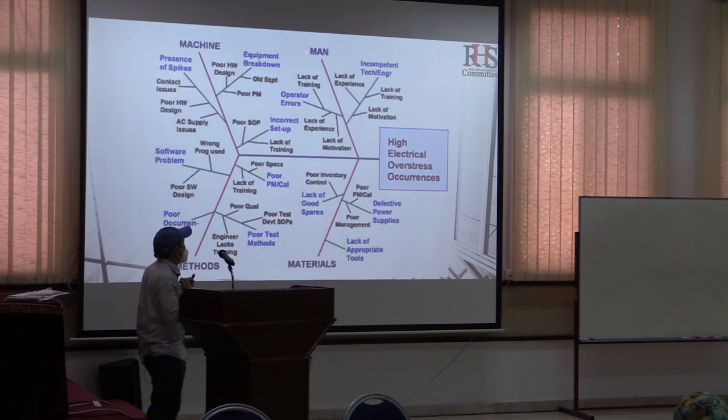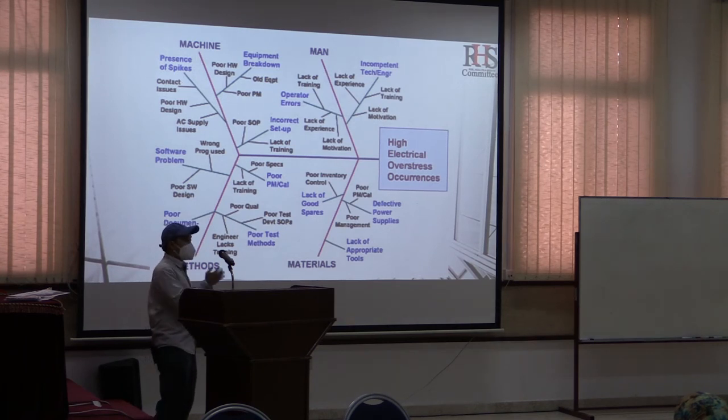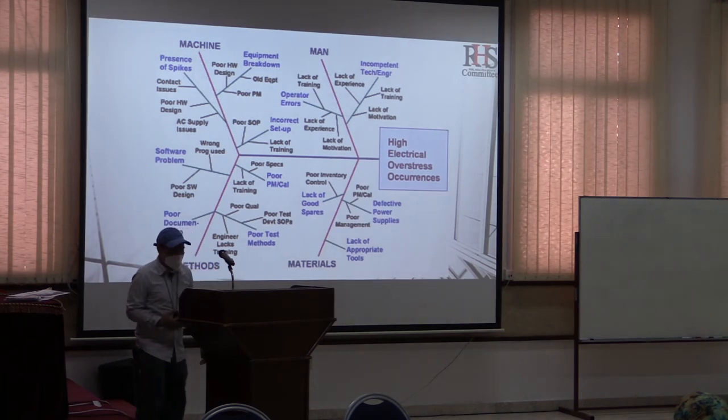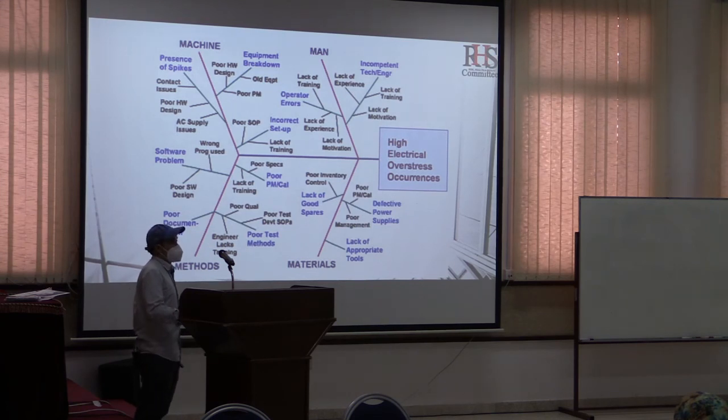For example, man: is the person operating the equipment trained from the beginning? Is he exposed? Does he know how to use the equipment? That is one. If he does not know, that engineer or that particular staff is incompetent to use it.